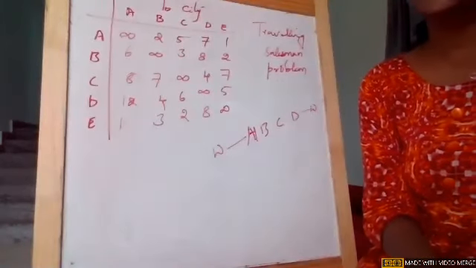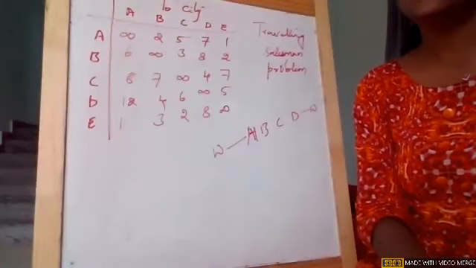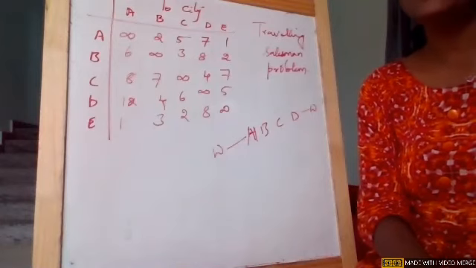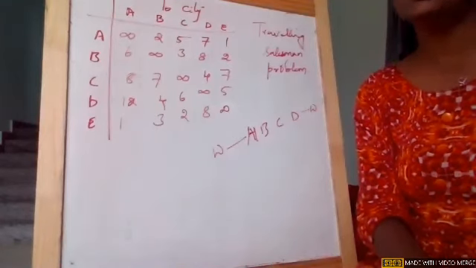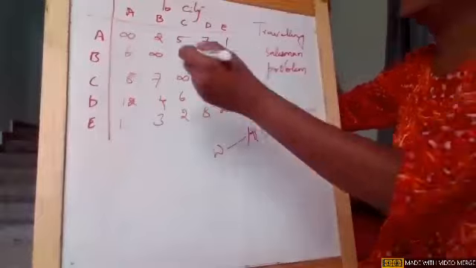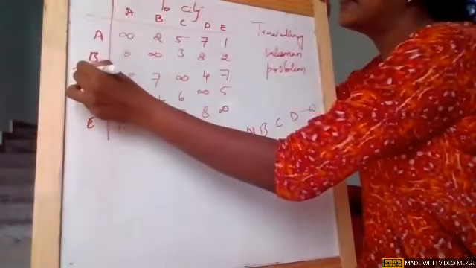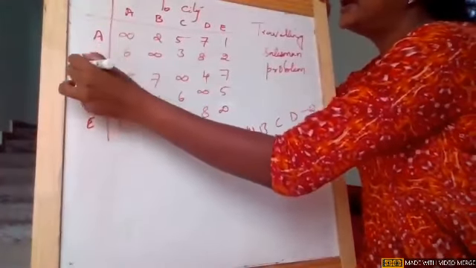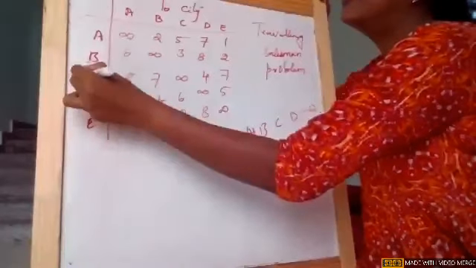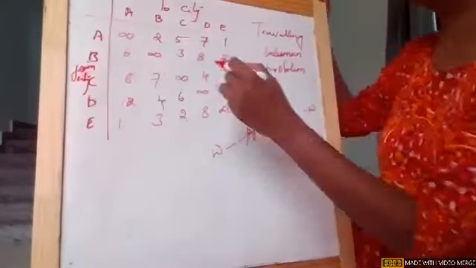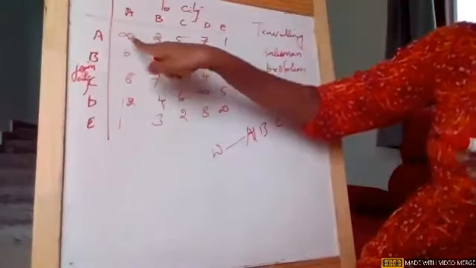One side it was salesman, the other side it was territory; one side it was the product specifications, the other side it was the cost. But now both sides are the same: from city and to city. From A to A we don't have a value, from city A to city A, that is why it is infinity. There is no value here.